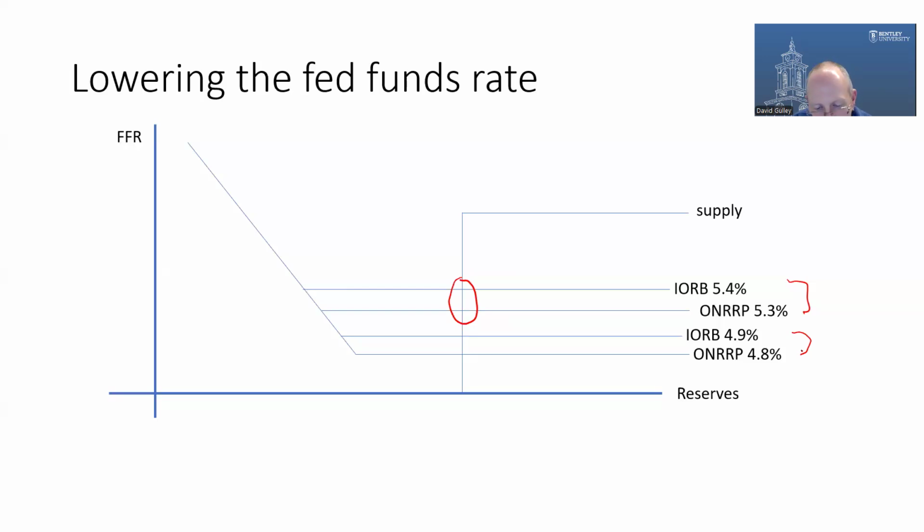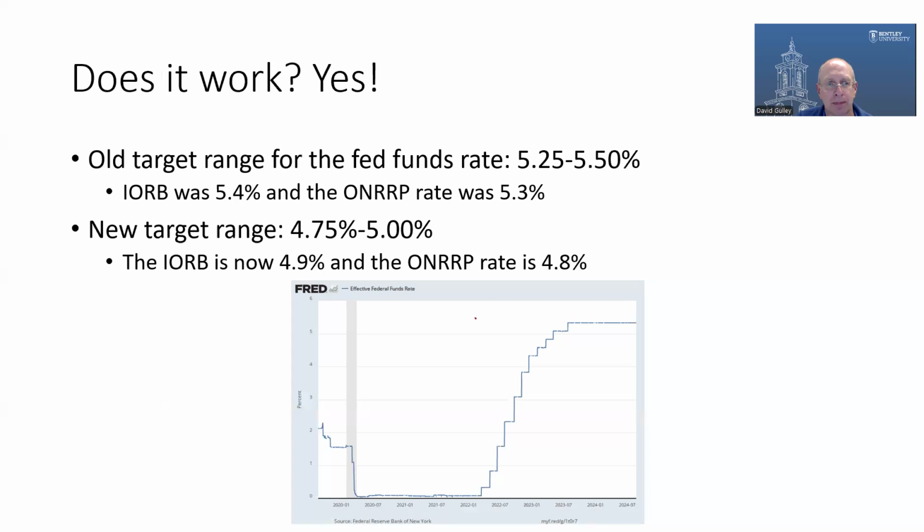And so what will happen is the federal funds rate will now tend to move to be in that range right there, right between 4.9 and 4.8%. Again, the key is that the Fed has now lowered these administered rates, and so other institutions that want to borrow can now offer themselves lower interest rates.